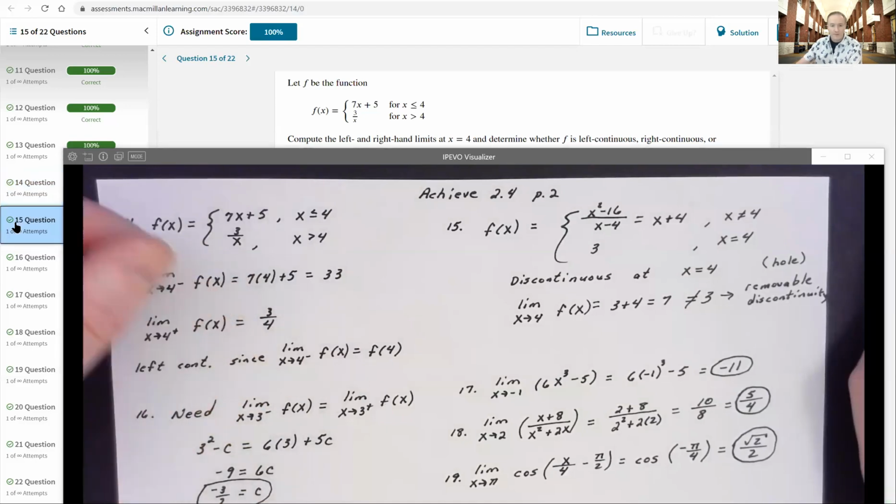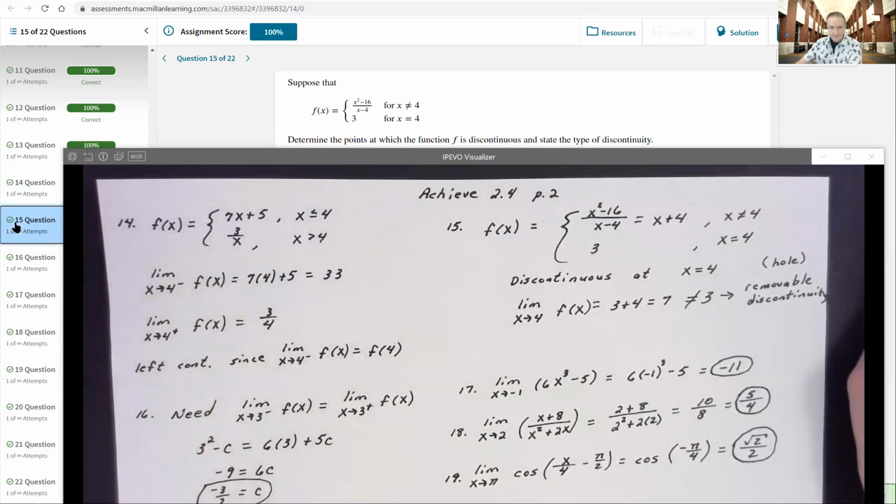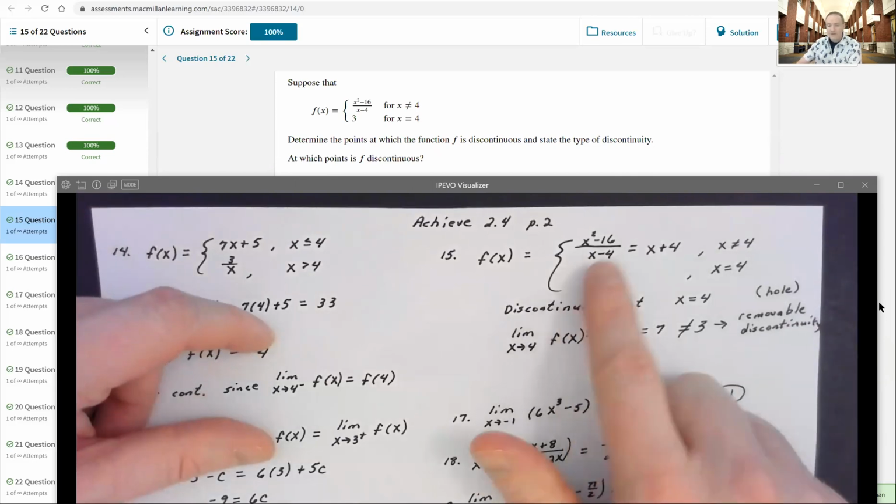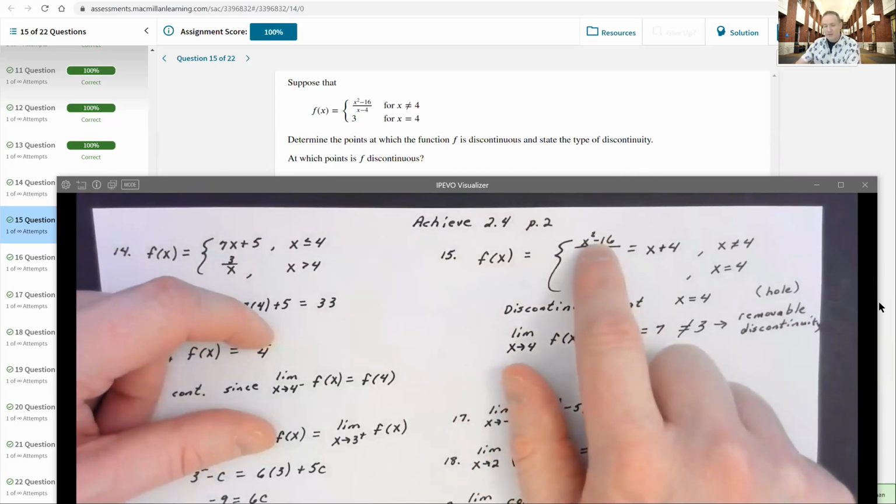For the next one, 15, same type of question, I believe, or actually it's a little different. It gives me a piecewise function again: x squared minus 16 over x minus 4, and then f of x is equal to 3 if x is equal to 4, when that rational function fails to exist. First thing I did was think about this rational function.